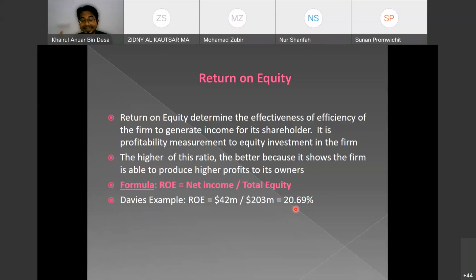When we're talking about the return, it is the profit to the shareholders. Setiap seringgit, mereka akan dapat balik. Every single dollar invested, they will enjoy 20.69%. Meaning that setiap RM1 yang mereka laburkan, mereka boleh dapat 20 sen return.